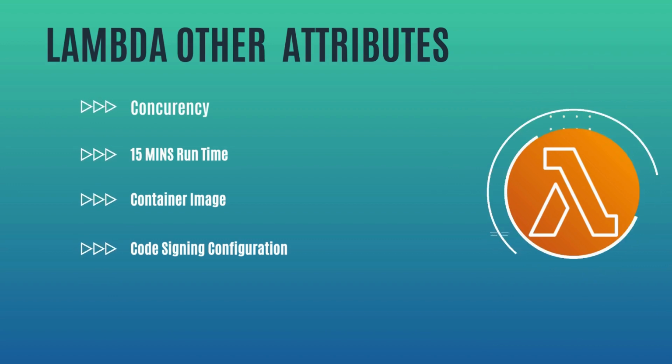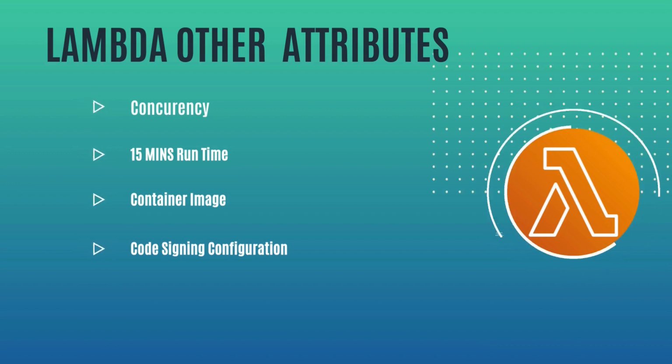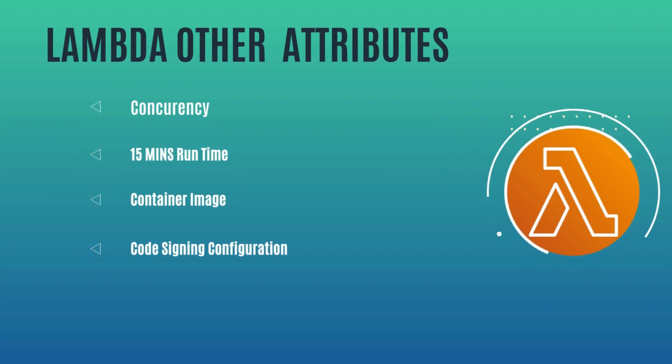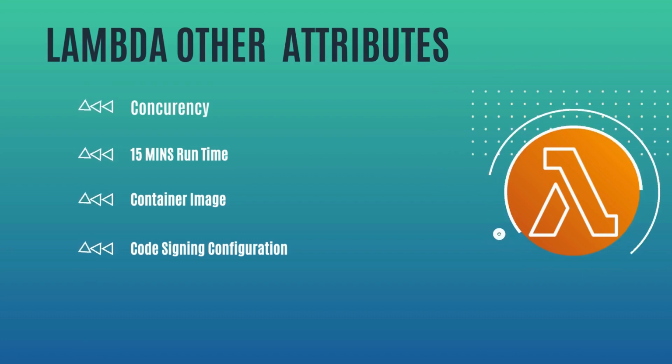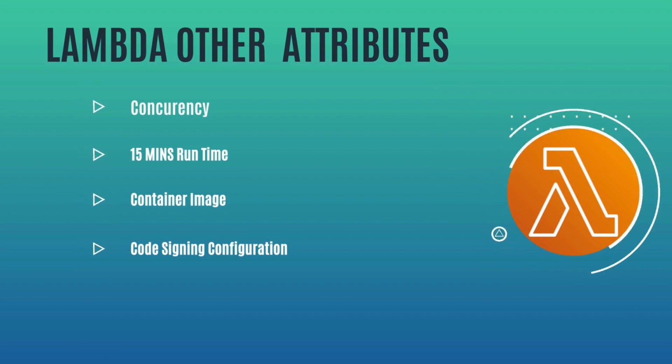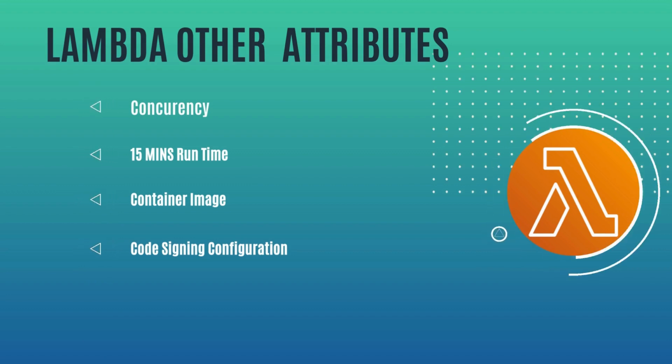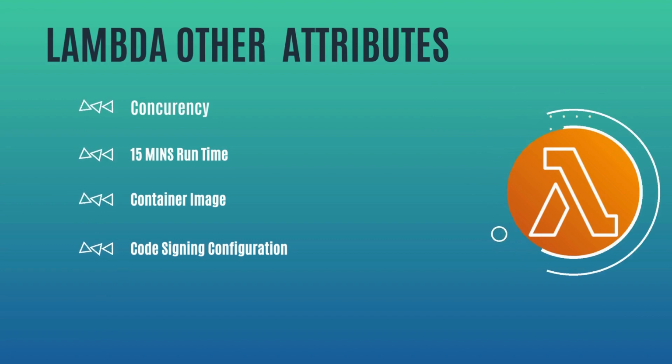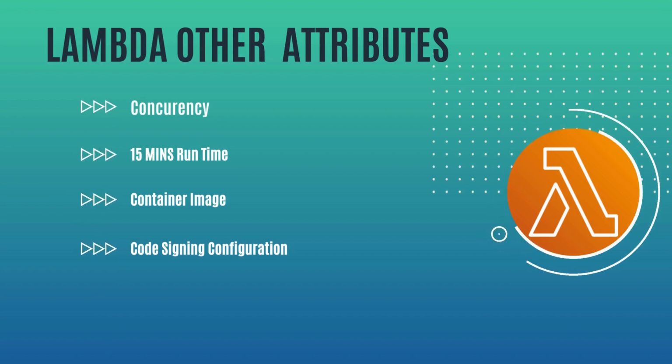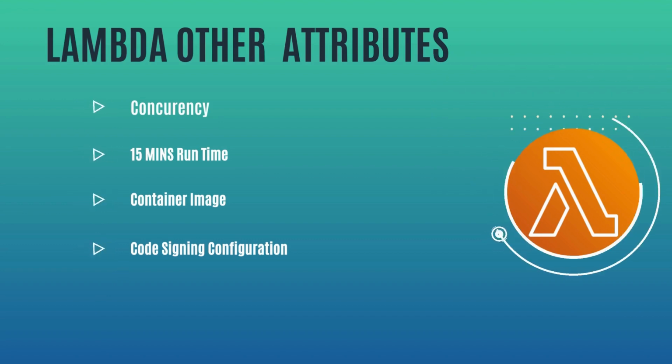And for example, if your Lambda function is developed by multiple developers, you can have a code signing configuration, which means every time there is a deployment, it has to go through code signing, which makes your Lambda more authentic and failure proof.